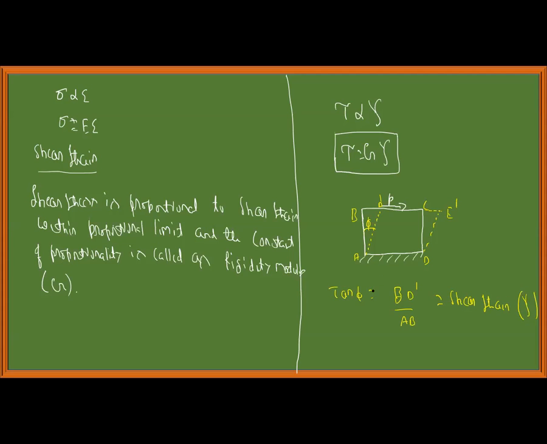This change in angle, I'll explain this. For small angles of phi, tan phi is approximately equal to phi, or phi is equal to gamma. It means that when you apply a tangential load, the change in angle phi is the shear strain.